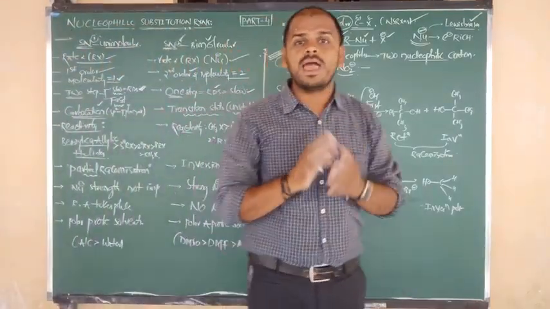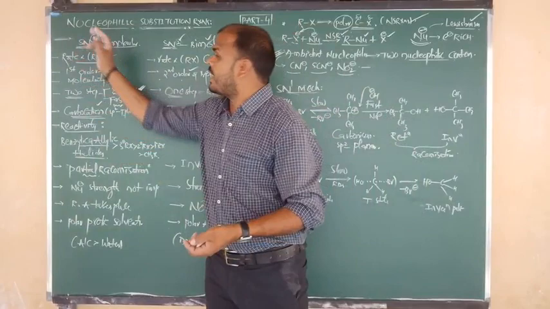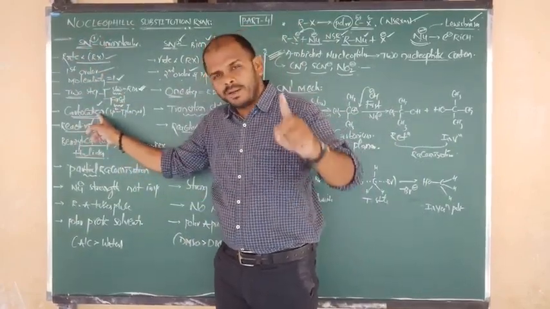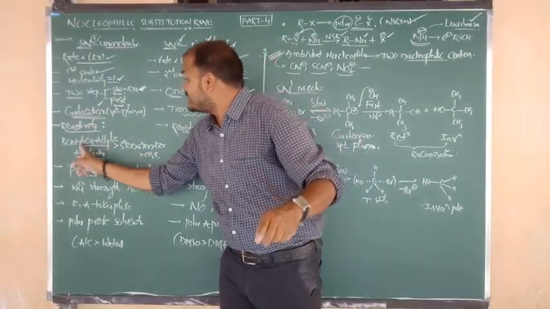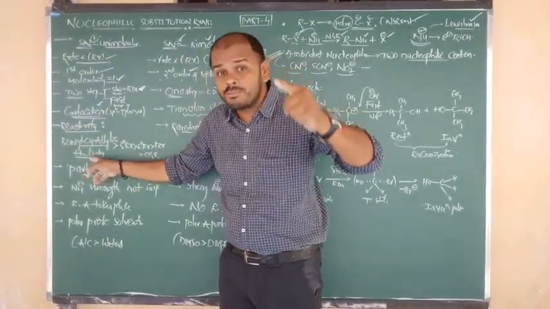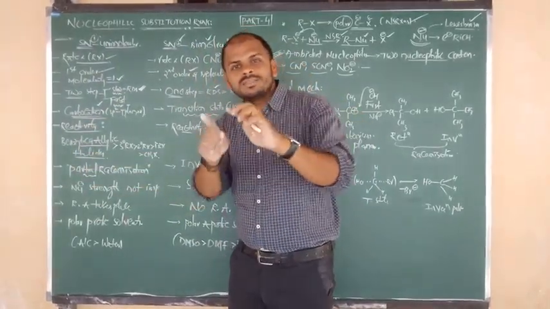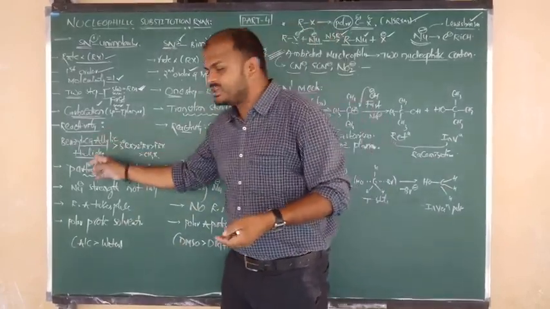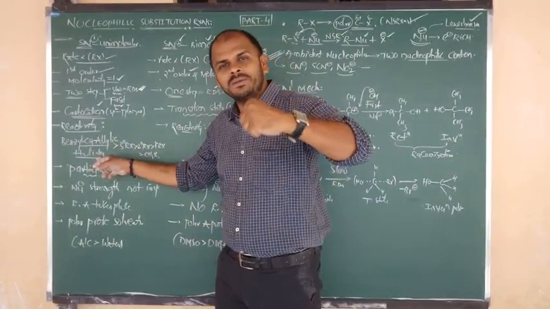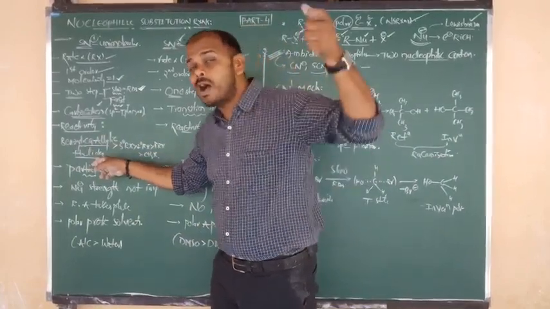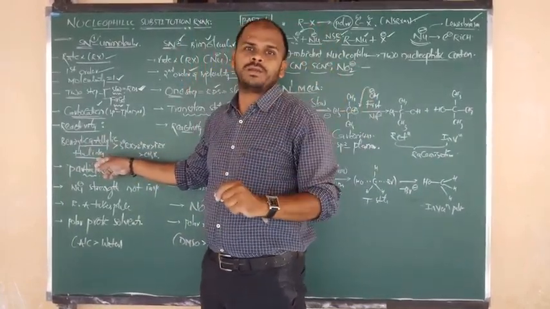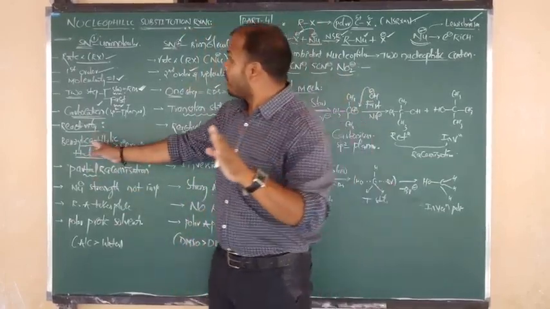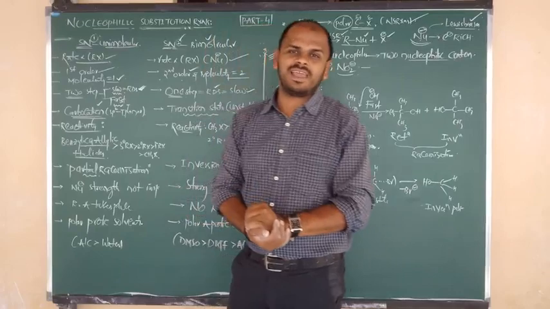They are more reactive in SN1 reactions because in SN1 the rate depends upon carbocation formation, and benzylic and allylic carbocations are more stable due to resonance. You know very well. That's why benzylic and allylic carbocations are more stable towards SN1 reaction.